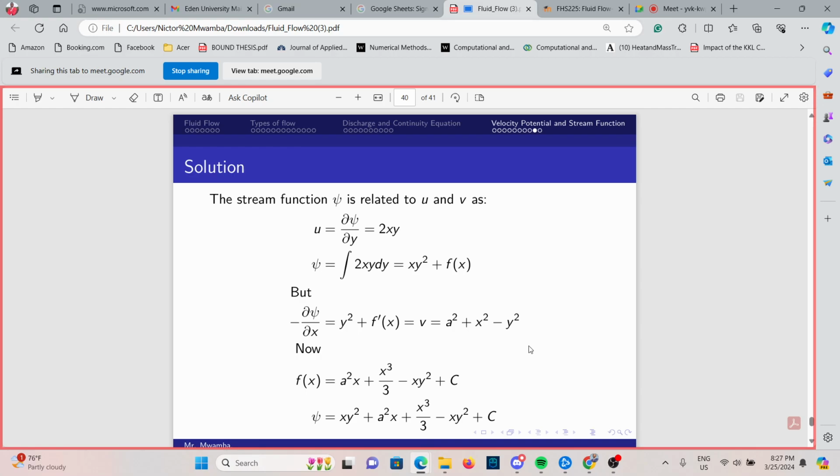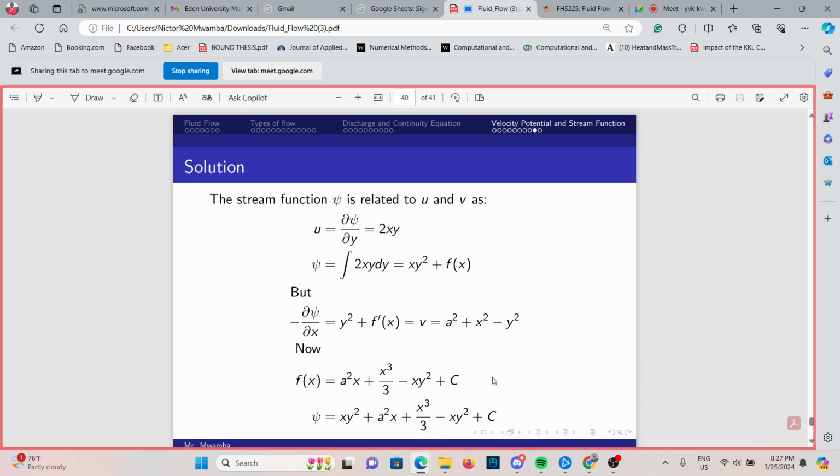We are integrating with respect to x, so the x here is to the power 0, increasing by 1 to be x to the power 1. Then the y squared is maintained.